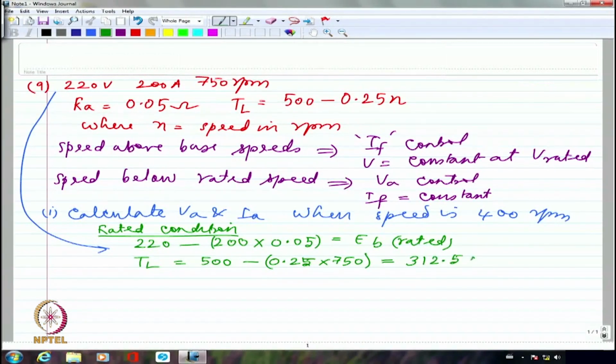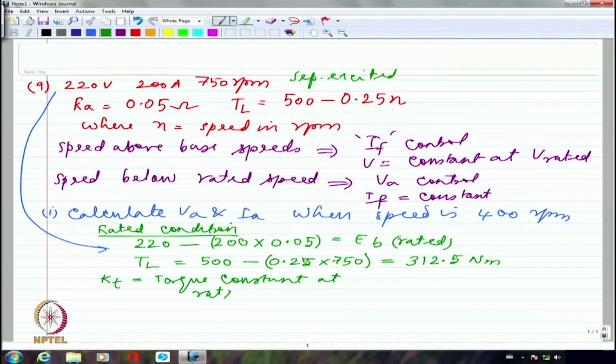Newton meters. It's a separately excited motor, so I don't have to worry about bifurcating IA into IF and so on. So I can say the torque constant, at rated excitation only, will be 312.5 divided by IA, where IA is 200.